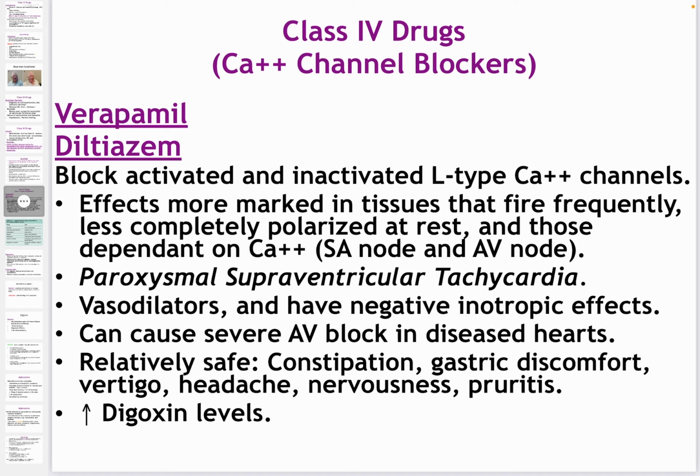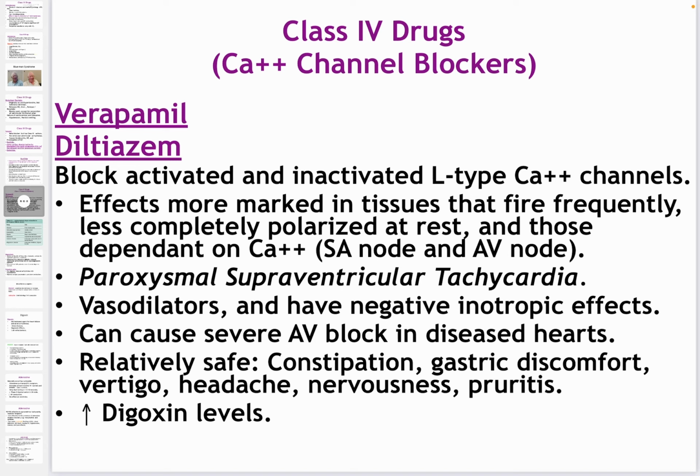So this is what we said about selectivity for the state of the channel, because in the case of arrhythmia, the channel is firing more frequently or at a faster rate. So this drug will target these channels rather than the resting channel in a normal heart condition or normal tissue. So what is the use? Mainly it's used for supraventricular tachycardia, so it's used for paroxysmal supraventricular tachycardia.